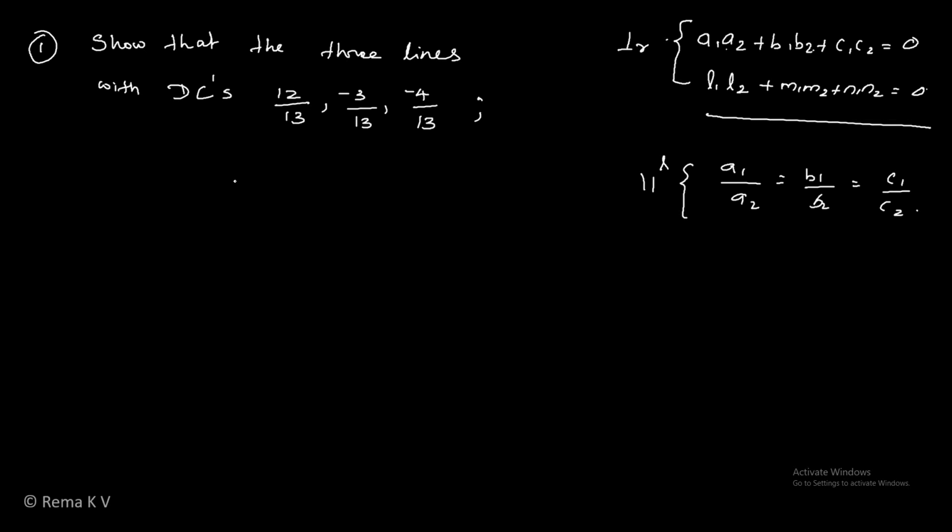Then the second one, 4 by 13, 12 by 13 and 3 by 13. Now the third one, 3 by 13, minus 4 by 13 and 12 by 13 are mutually perpendicular.